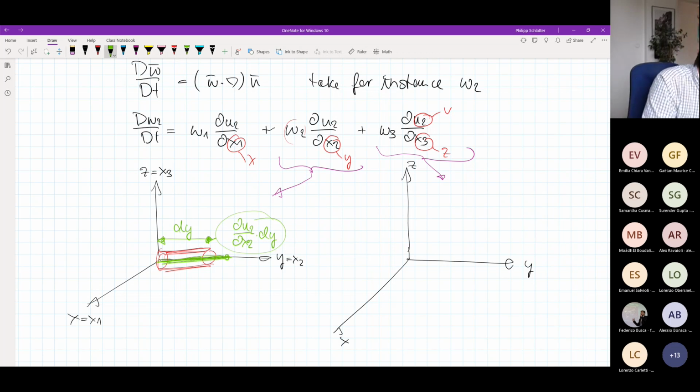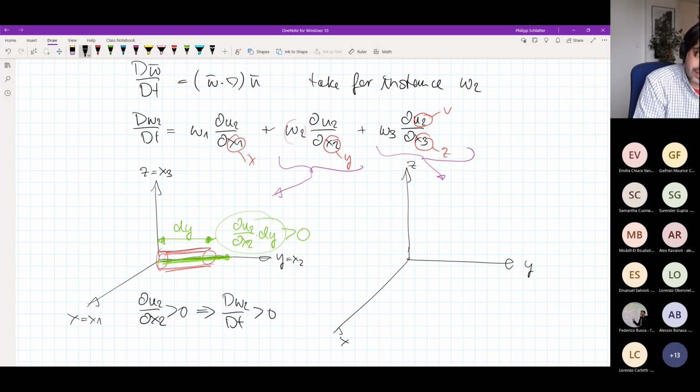So if I have a velocity along the vortex, I would have this one to be larger than 0, as in this sketch. Or to write it differently, if du2 dx2, or dv dy, is larger than 0 in this situation, then my omega 2 would increase. d omega 2 dt would be larger than 0 if I already have this red vorticity present.